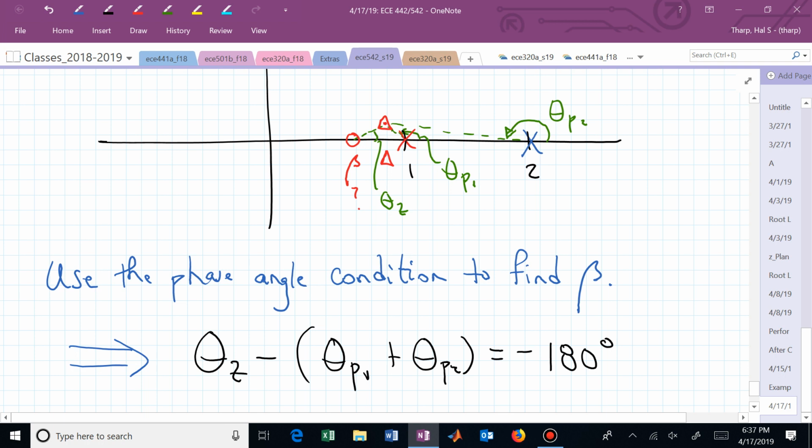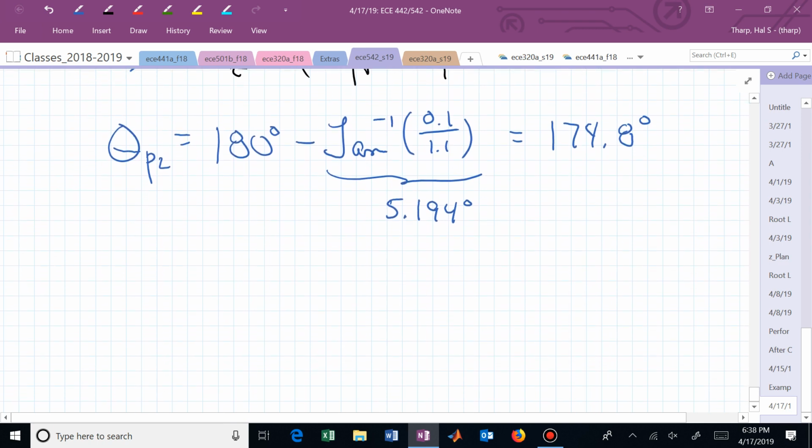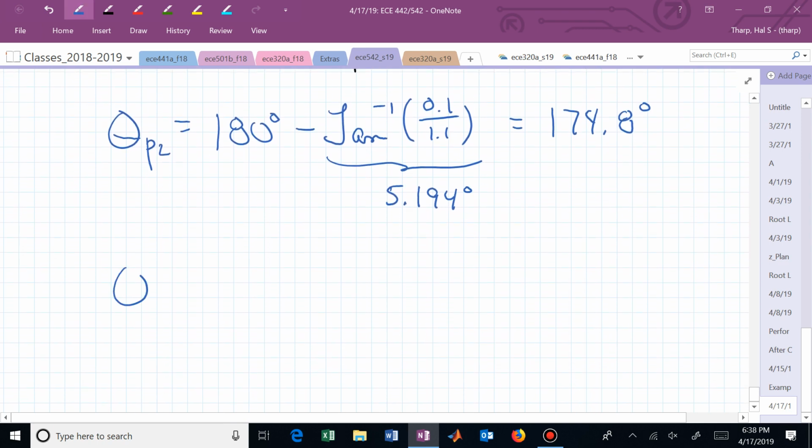The acute angle is 45, and so now the angle of theta P1 is 180 minus 45, or 135 degrees. I now know everything I need. Theta sub z equals theta P1, which is 135, plus this 180 degrees minus 5.194.